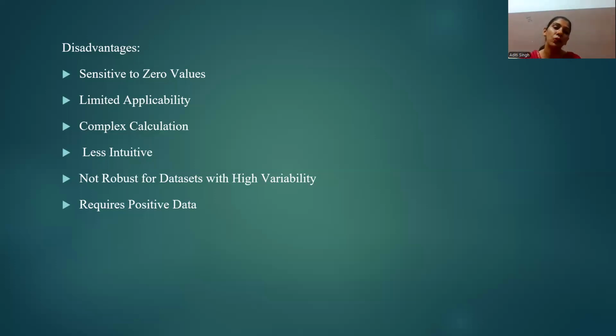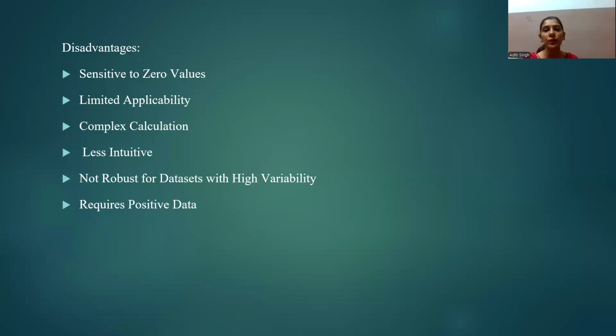Next is it requires positive data. As we have discussed in geometric mean, for calculating both the geometric mean and the harmonic mean, the data should be positive and there should be no zero value in the data set. You can only do the calculation of harmonic mean and geometric mean on positive data.